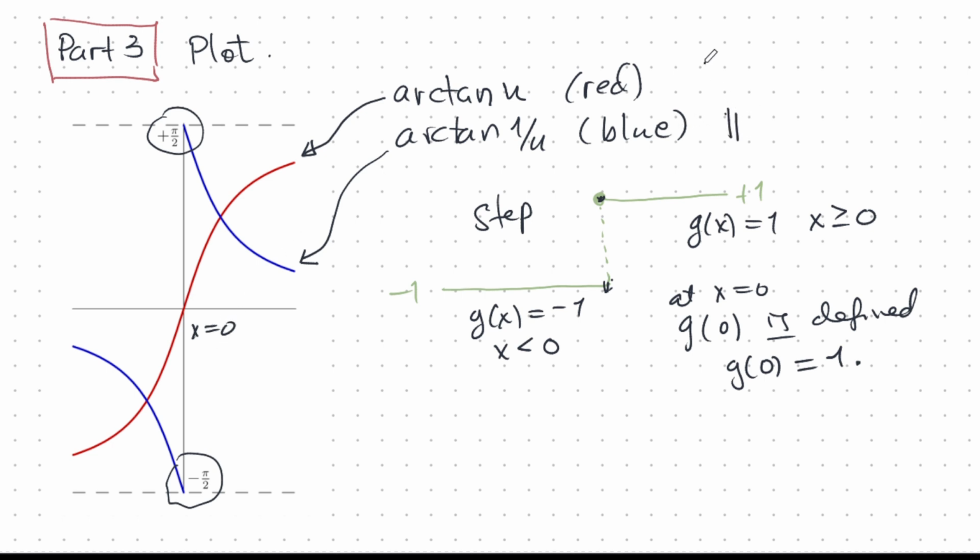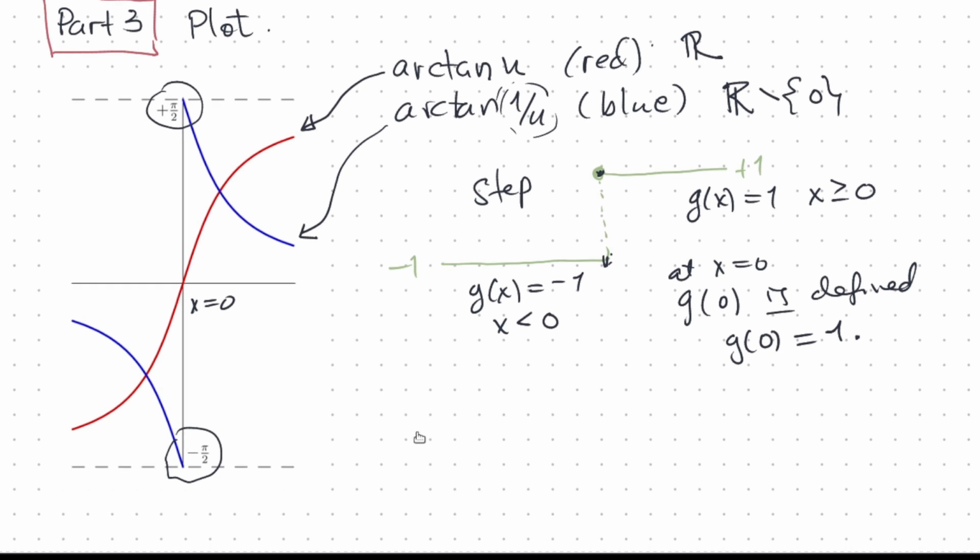So the domain for arctan u is all of R. But the domain of arctan 1 over u has got to be R minus the 0 point, because you can't have 1 over 0. It's not allowed. It's undefined. And even if it was defined, the limits from the left and right are different, so it's not continuous at that point.